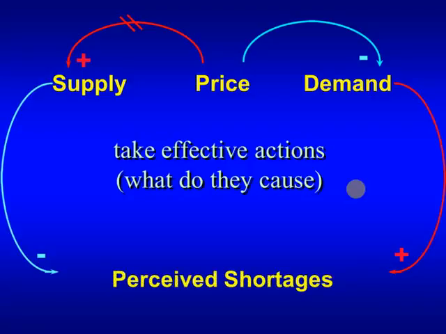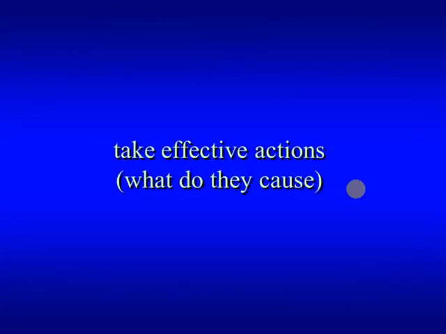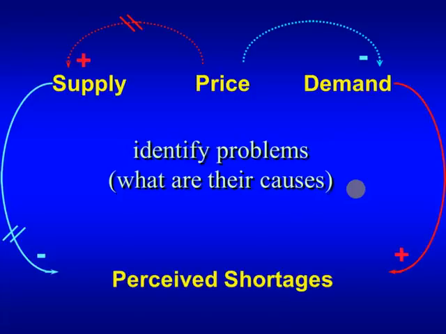Which of the two changes leads to the perceived shortages today? So in other words, what you're seeing here is that our issue here, our problem, our performance indicator is the shortages. And the question is, what influenced that?